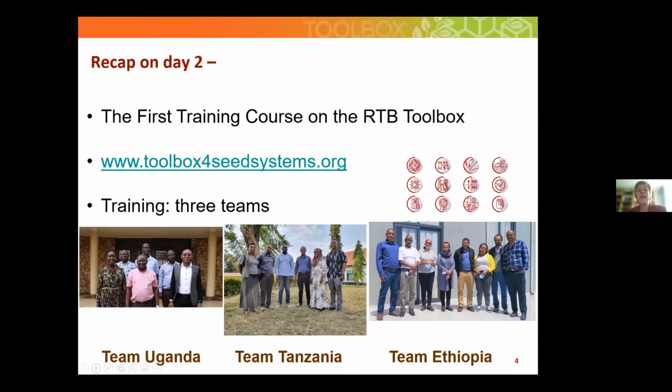James gave us a glimpse of what might happen with the RTB toolbox in the near future by referring to the ACIVSS, the African Center for Innovation of VPC Seed Systems, of which we hope to hear a little bit more today and tomorrow.